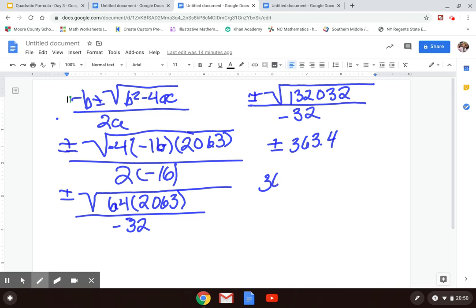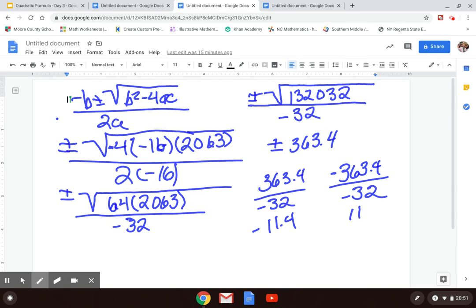So I come down here and do 363.4 divided by a negative 32, and then the 363.4 as a negative divided by negative 32. When I do that math and round my answer to the tenth, I get a negative 11.4 here and a positive 11.4 there. Okay, so those are my zeros for the function.